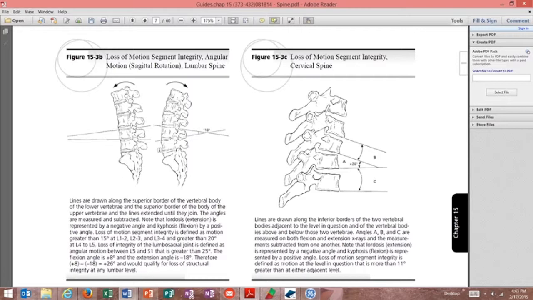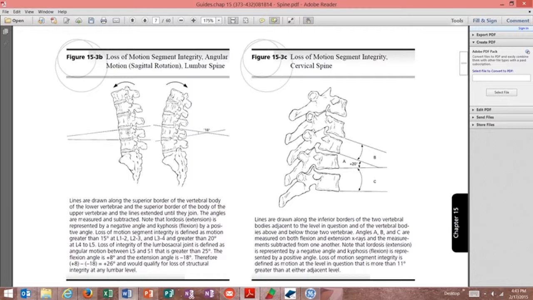The lines diverge posteriorly. Here in extension, you see we have the lines converging now posteriorly. Those give us negative angles. So in general, flexion angles are positive angles, but you need to track your positive and negative signs very carefully, because flexion angle measurements are not always positive, especially in the lower lumbar levels.